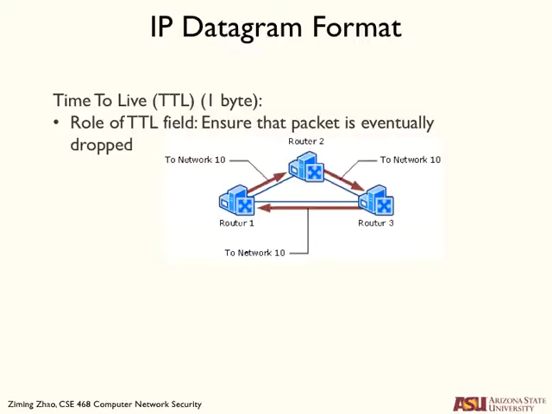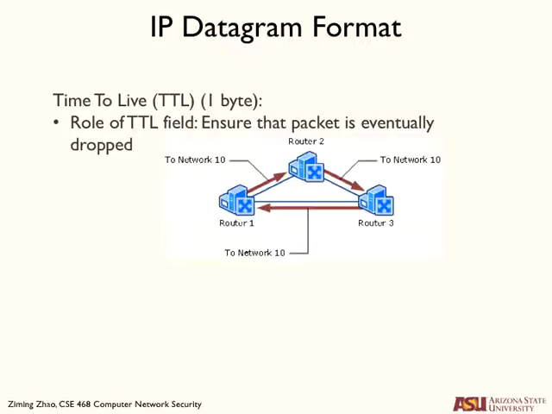It's possible that some routers in the network form some kind of loop like this. Router 1 forwards all the IP packets to router 2, router 2 forwards them to router 3, and router 3 forwards to router 1. This is not supposed to happen by design, but it happens in real life. Maybe the administrators didn't configure the routers correctly.